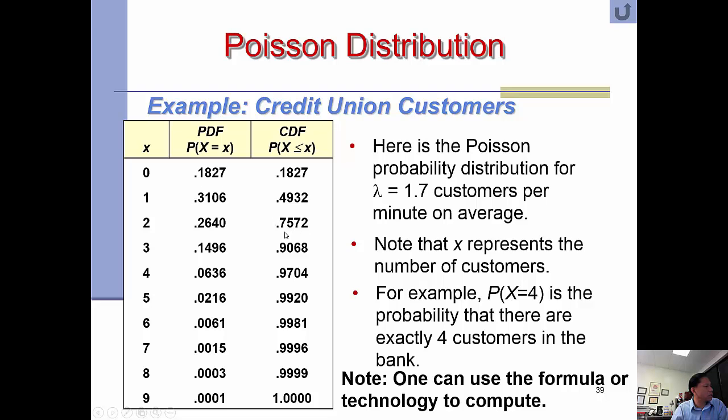And the third one, CDF, equals all three added up. The fourth one, 0.90768, equals all these added up, etc. For example, P(x equals 4) is the probability that there are exactly 4 customers in the bank. There's a 6.36% chance that exactly 4 customers will be in the bank.